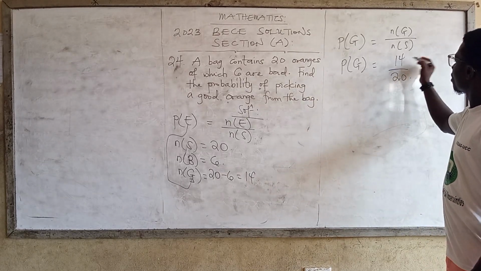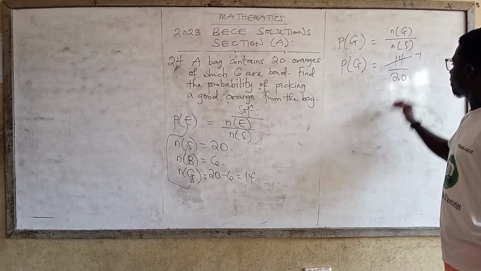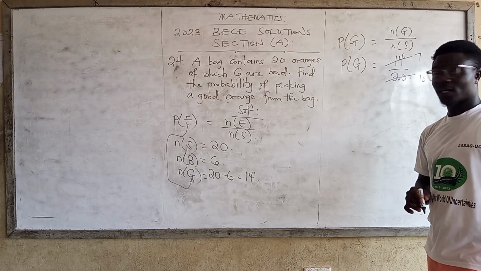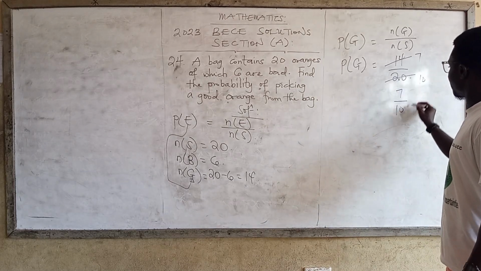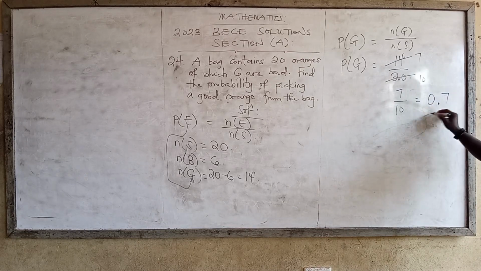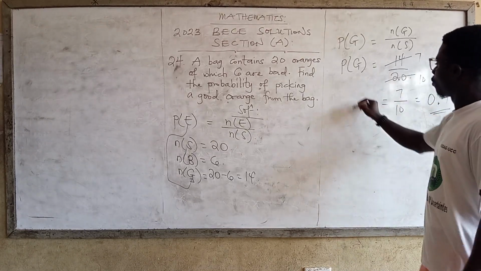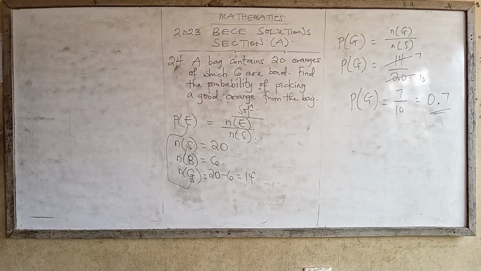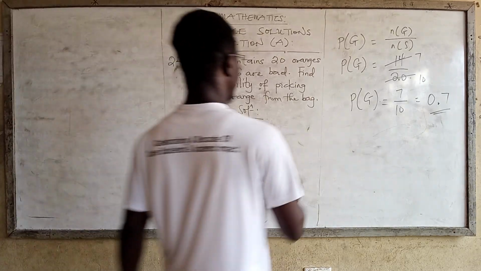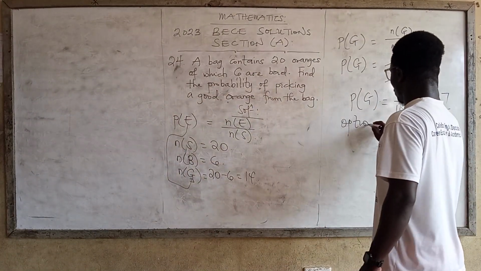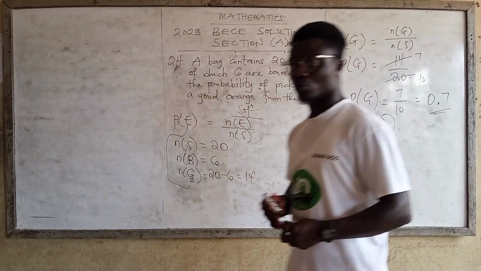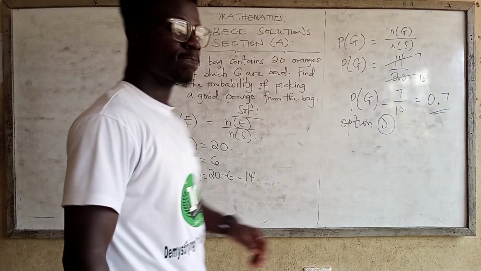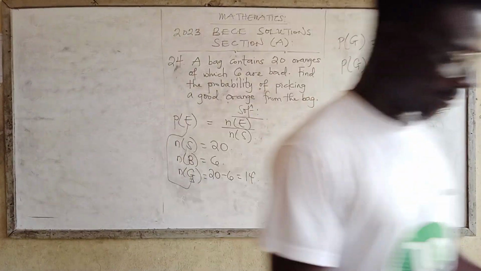Now 2 goes into 14 7 times, 2 into 20, 10. That's a common factor. So I have 7 out of 10, which can be expressed as 0.7 in decimal fraction. So the probability of picking a good orange is 0.7, which is 7 out of 10. That's option D for dog. Now let's proceed to question 25.